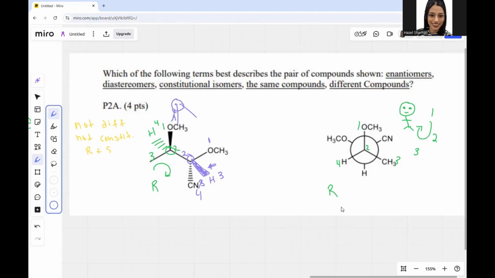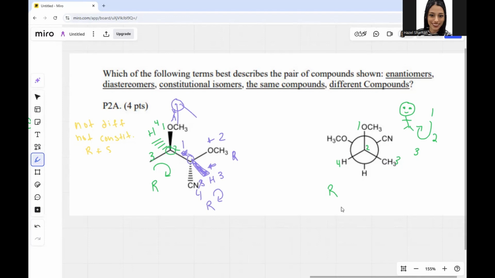And then the other 2 remaining, you just switch those. And let's do 2. Let's do 1. 1, 2, 3. This is also telling us clockwise. So we just checked it 3 different ways, and all 3 ways said it would be clockwise. And so we can trust that the second configuration is R.